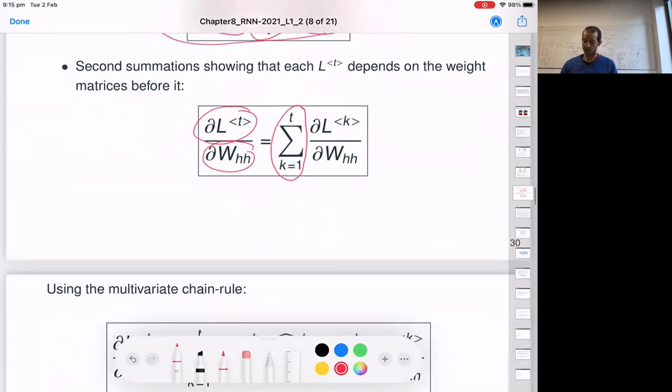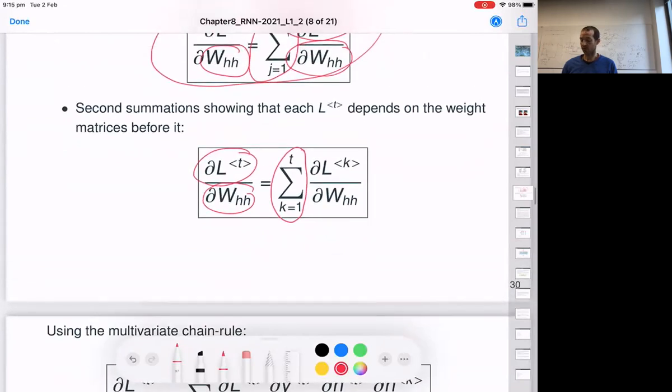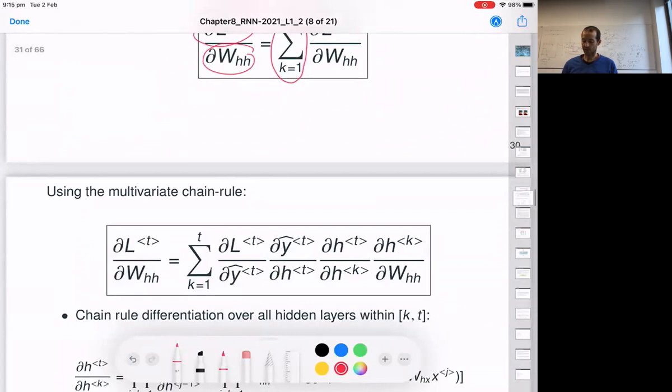No reaction, so it should be good. Now, how to compute this? I will focus on this derivative, the partial derivative of my loss function at time t with respect to WHH, and just apply the chain rule.